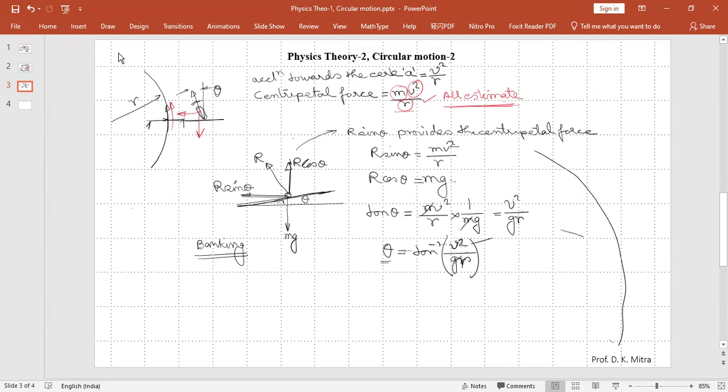Whereas if the radius of curvature is small, it is a small circle, and you are trying to take a very quick turn, then you need a theta more. That means you need more banking. So this is what is called banking of the road in order to provide the centripetal force.